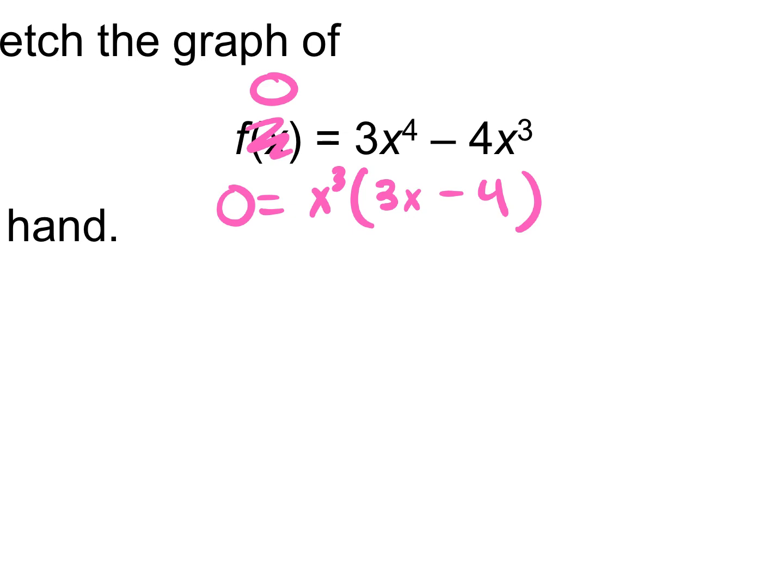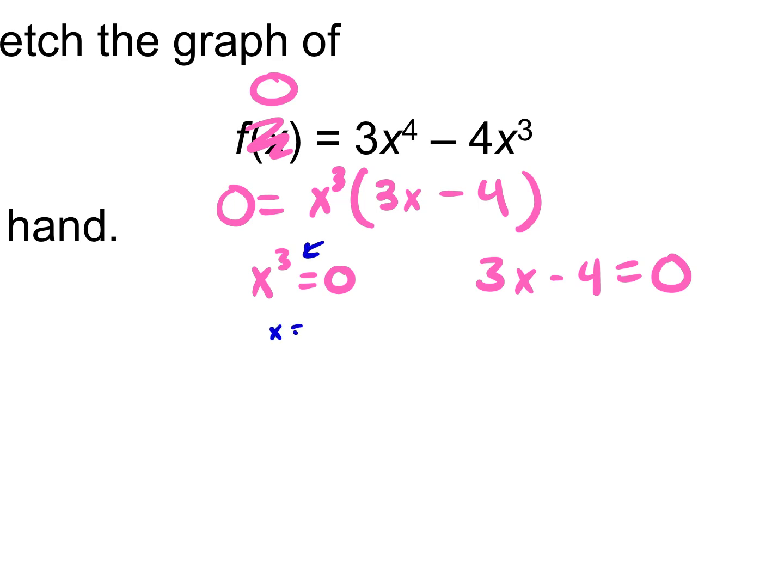What can I do next? Set them both equal to 0. I factored it as much as I could, so now I just set both pieces equal to 0. So x to the 3rd power equals 0, and 3x minus 4 equals 0. At x to the 3rd power, I have 3 x's here.